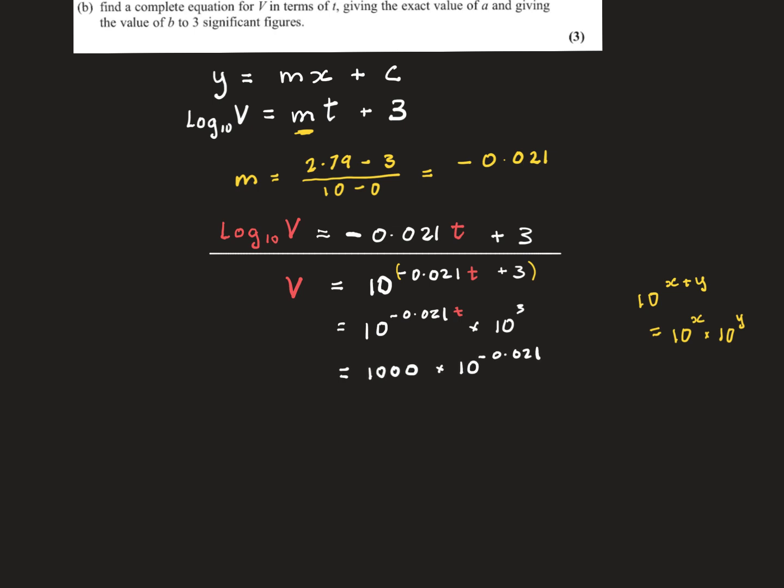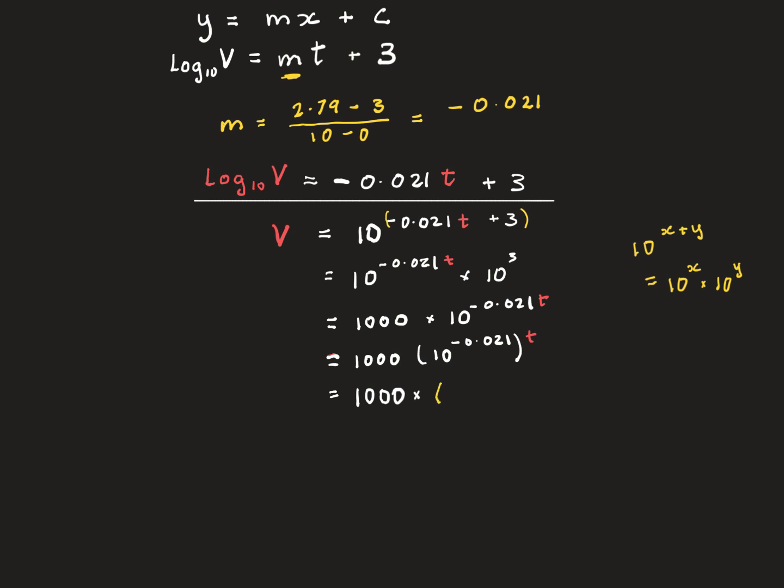Now we can see that A is going to be 1,000. We can still rewrite this as 1,000 times 10 to the minus 0.021, all to the power of t. Now all we need to do is to find out what 10 to the minus 0.021 is. From the calculator, this becomes 0.953 to the power of t.